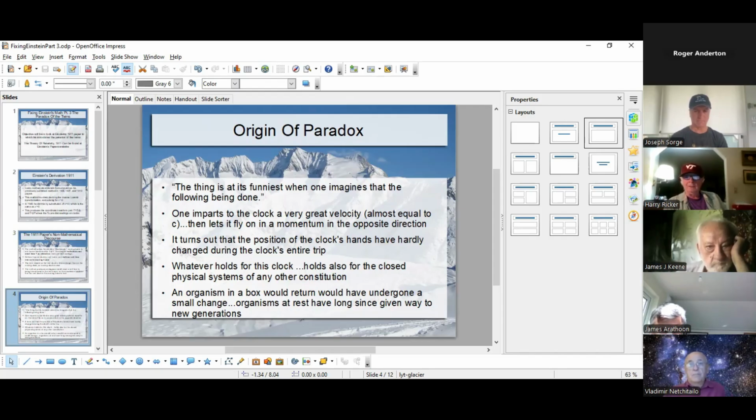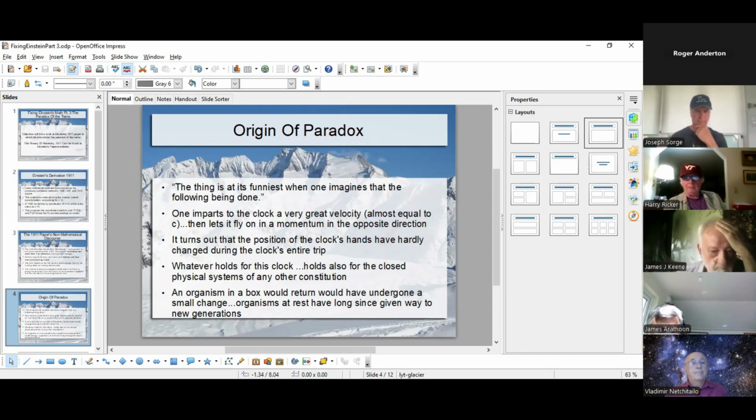the coordinate transformation, and according to him in his equation that we talked about, the hands of the moving clock barely move compared to the hands on the rest clock. Now here it comes. He says an organism in a box would return. So we put some kind of organism. He doesn't tell us what.